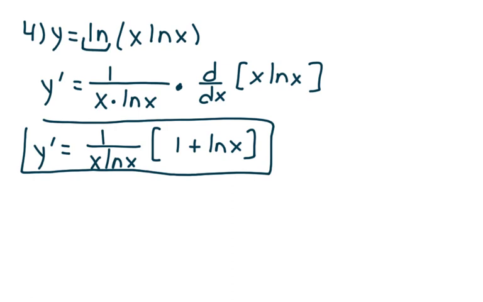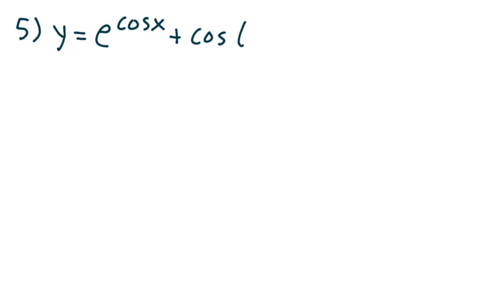And let's take a look at example 5. Suppose y equals e to the cosine x plus cosine of e to the x.